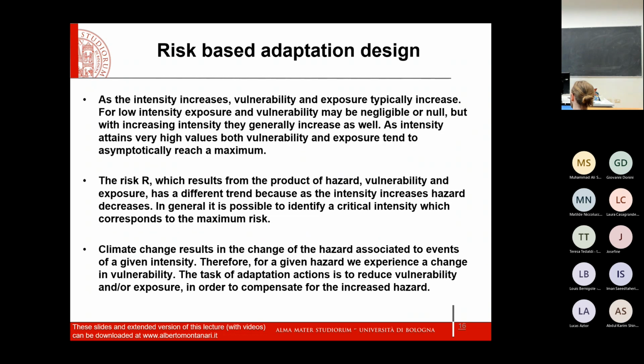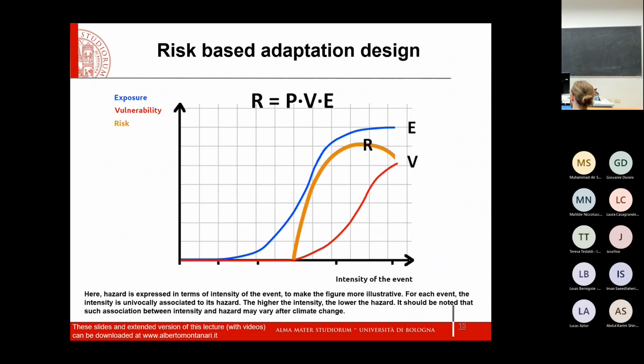Because, let me go back here. What I said is, I'm not considering in this graph the impact of climate change. I said, let me assume that probability is an independent variable. Actually, it is not independent, it is affected by climate change, but I can assume that it is independent here.